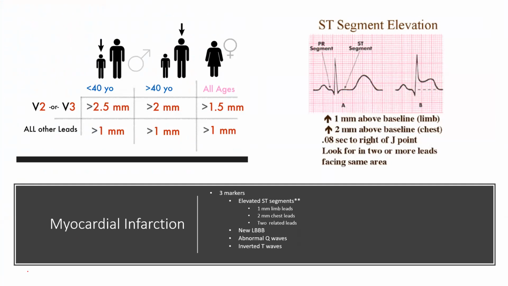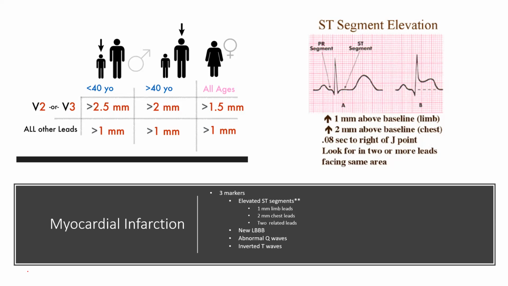So I told you that not all ST elevations are going to be a manifestation of myocardial infarction. What constitutes a significant ST segment elevation in order to diagnose STEMI or ST elevation MI?